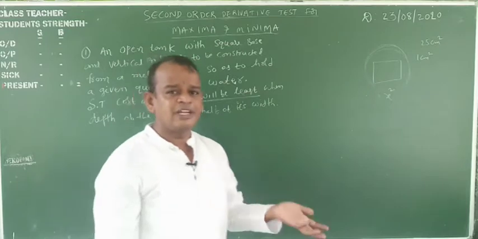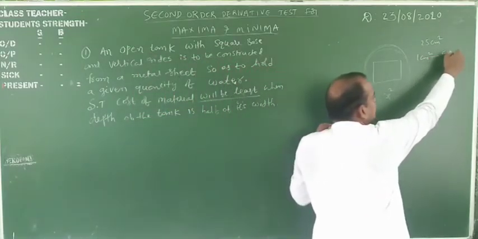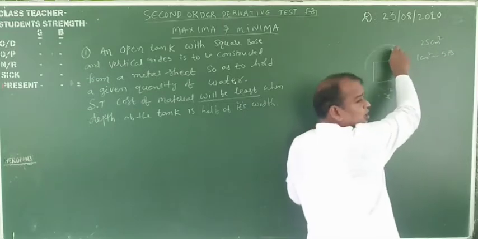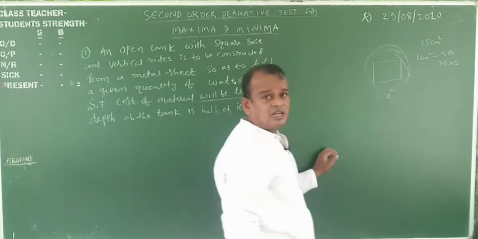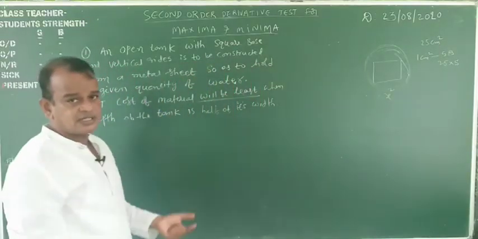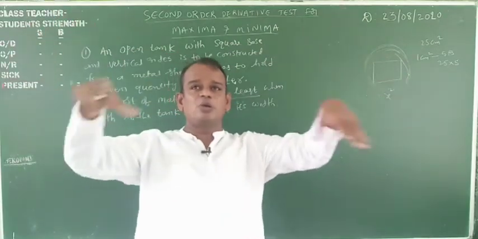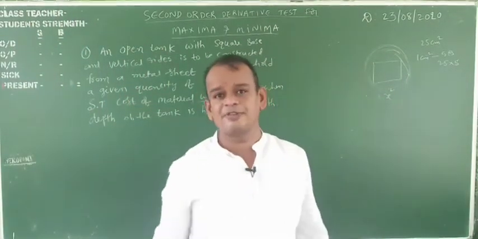Suppose 1 centimeter square costs 5 rupees. Total how much actually? 25 centimeter square means 25 into 5 total cost. Here also, whenever the cost is asked, you must and should take the surface area, the total surface area. Okay, my dear students, 100% take the total surface area.